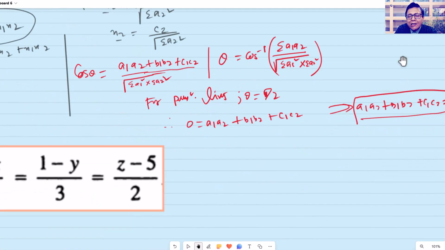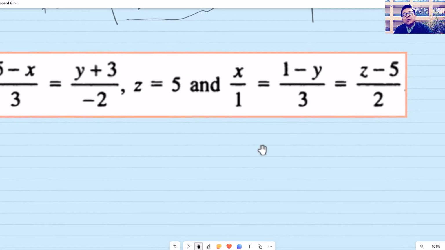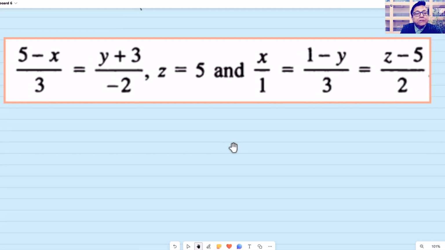Let us see one application here. Why have I taken this example, which is very confusing for you? Is it really confusing? No. Once you know these tricks, that is, to find the angle between two lines I need to express the lines in symmetrical form.